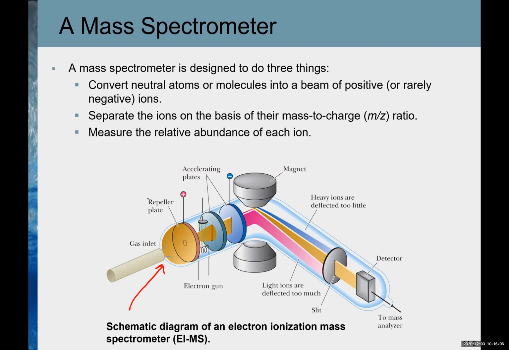In the first component, the sample is converted into gas or vapors. So that happens here, and the neutral atoms are then stripped of one electron. One electron is removed from the neutral atom, and that happens in this chamber.